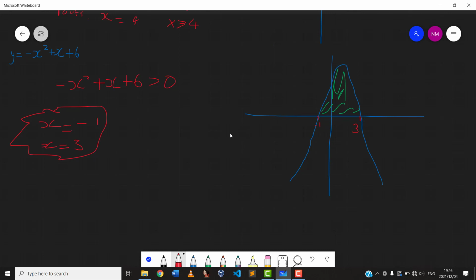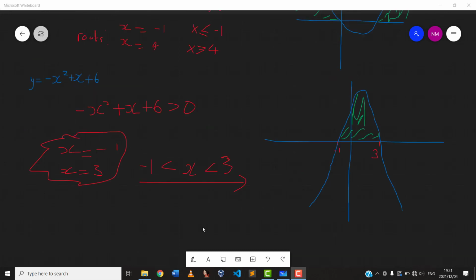In order to represent that with inequalities, we would just say x greater than minus 1 and less than 3. So this should be your answer for this question here. Let's do one last example for the inequalities.